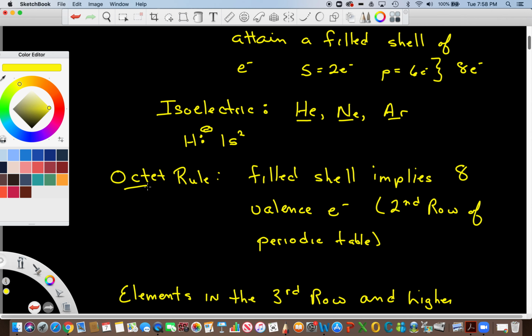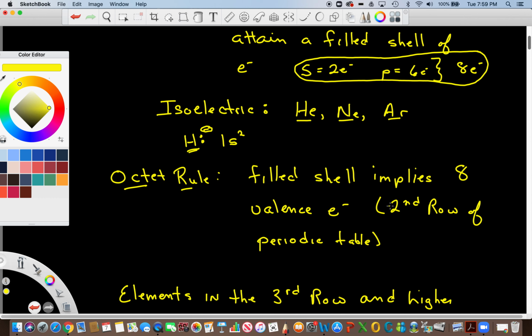So what they're trying to do, except for hydrogen, is fulfill the octet rule. Hydrogen is an exception. The filled shell has 8 valence electrons, 2 from the s and 6 from the p, for a total of 8.